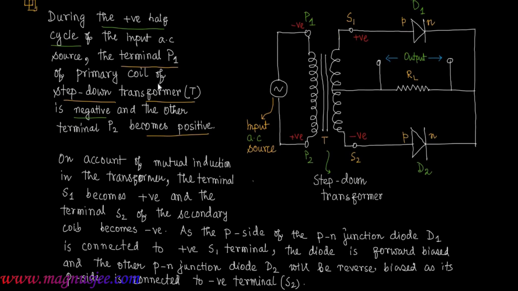In this case, obviously the PN junction diode D1 is connected to the positive S1 terminal, that's why the diode is forward biased, and the diode D2 will be reverse biased as its P side is connected to the negative terminal.